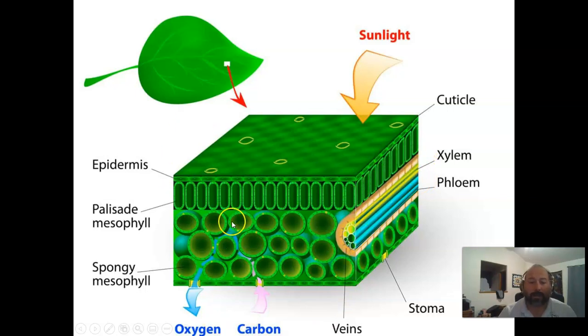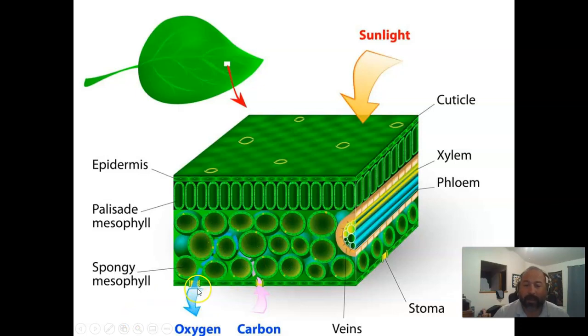So what happens there is that within the cells here, now we start to be able to create sugars and become basically food, because we're taking light energy through this process of photosynthesis and now turning it into energy that's ready to be used as sugar.